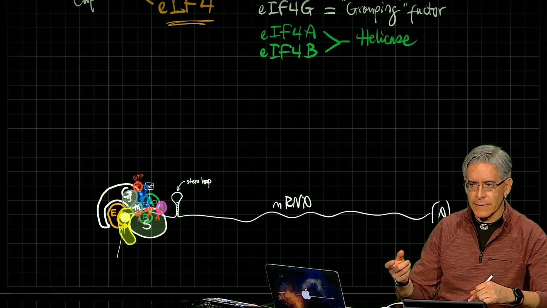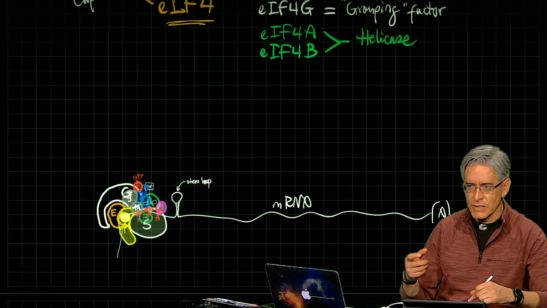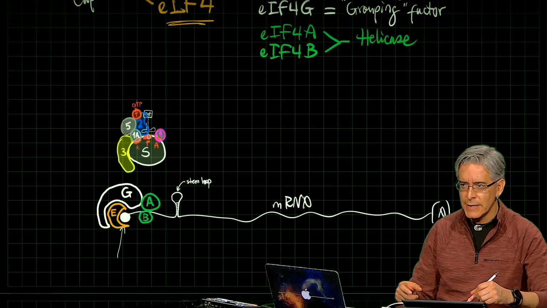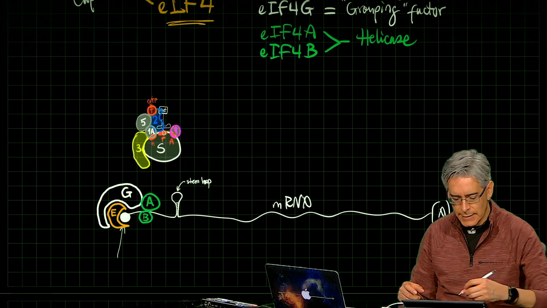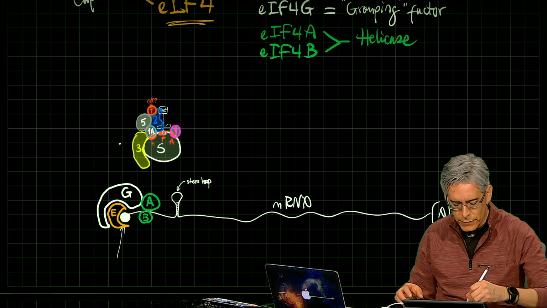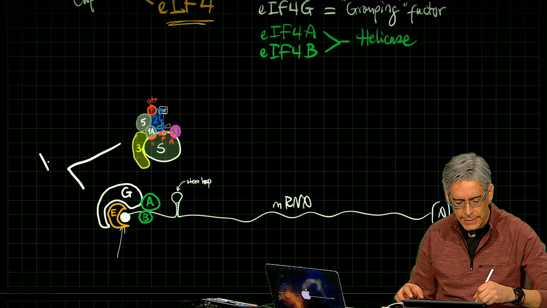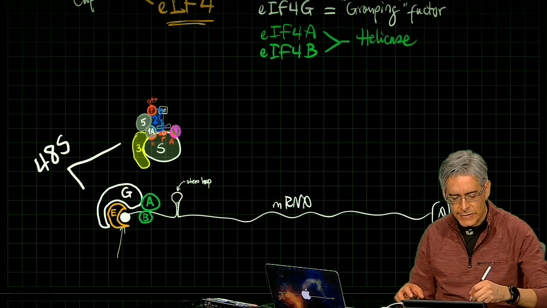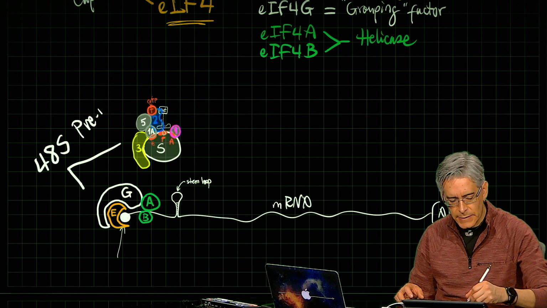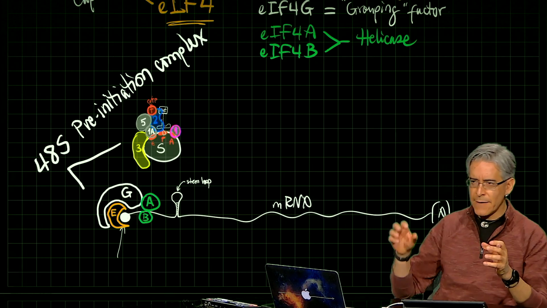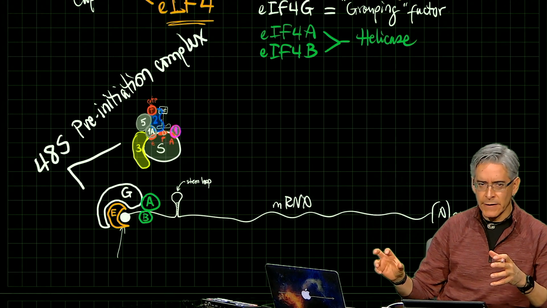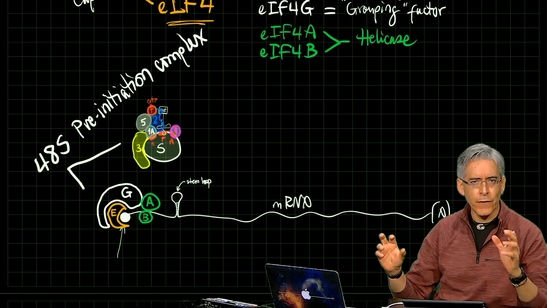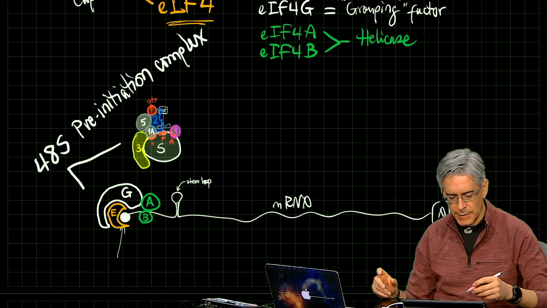And the next thing that will happen then will be, once you have formed this complex, and by the way, I'm going to keep it separate here so that we can give it a name. When you have the two of them forming a complex, that will be the 48S pre-initiation complex. So when you have now the 43S being mounted on top of the messenger RNA, you're going to be forming the 48S pre-initiation complex.